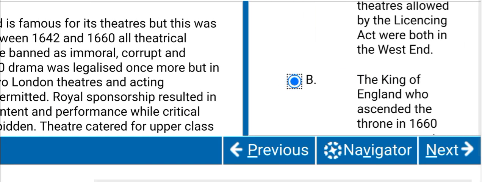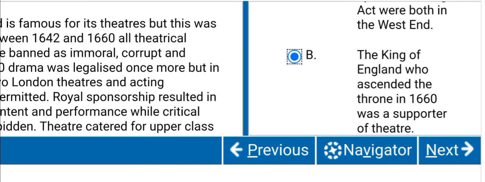So option B, that the King of England who ascended the throne in 1660 was a supporter of theatre, is the correct option.